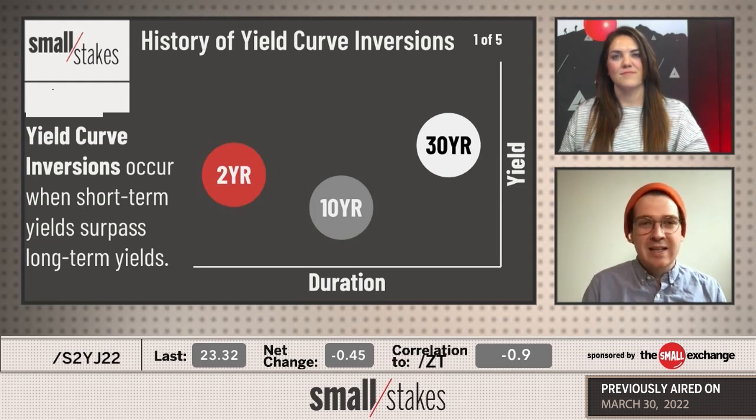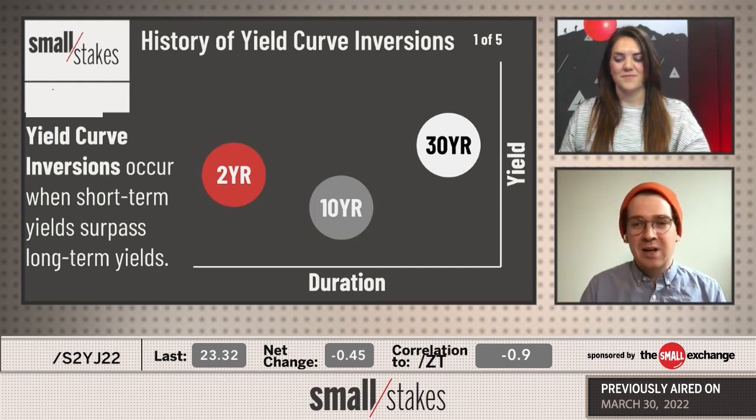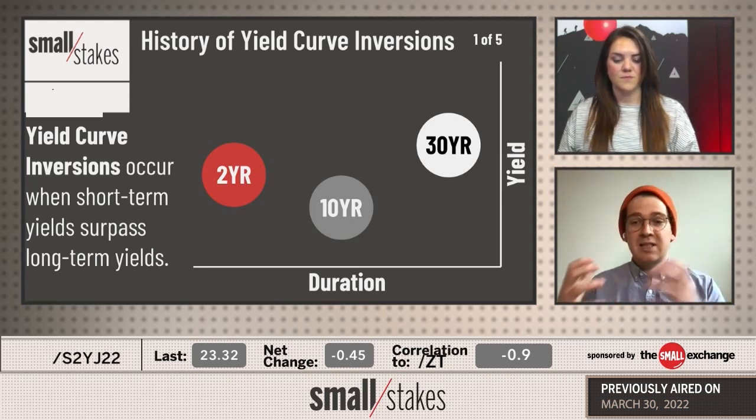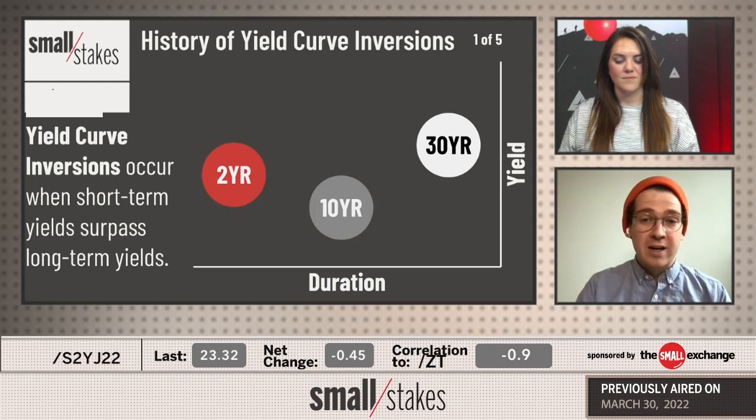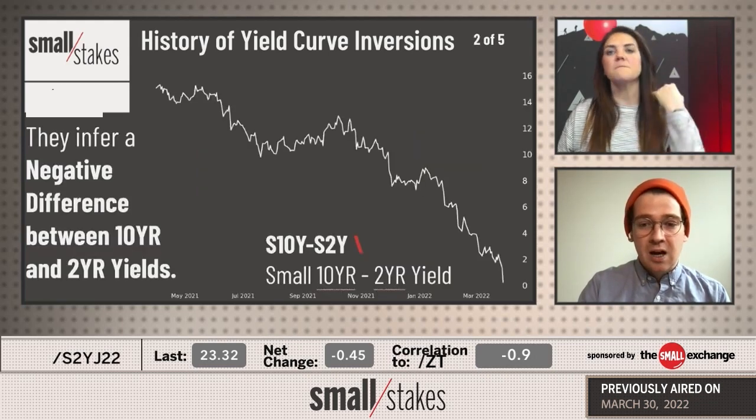Maybe the Fed is hiking and certain Treasury bills and notes aren't keeping pace, whatever. But when you see what we're seeing recently, the 2-year versus the 10-year, something that encapsulates the bulk of the yield curve, near inversion or inverted, that's when it becomes a news story, becomes a great trade to look at, and becomes something that could affect all your other assets and different parts of your life.